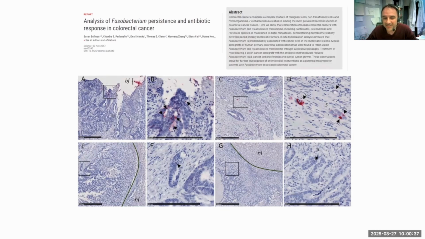The antibiotics actually kill this Fusobacterium, and the progression of the tumors was stopped. Not only that, but also 20% of the tumors that were already present disappeared after antibiotic treatment. So this has opened a whole new field about studying the role of these oral bacteria in colon cancer.